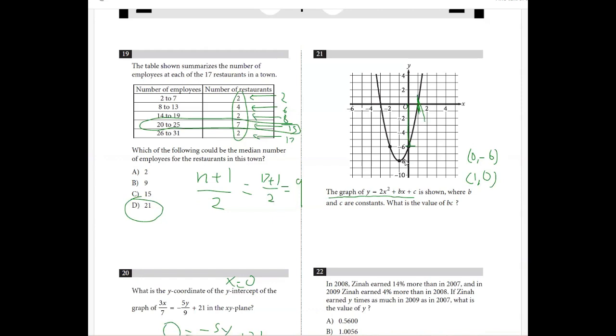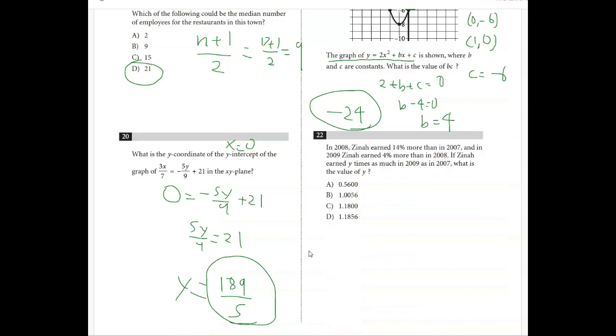As you can see, c is equal to -6, because if I put the zeros here, everything goes away. If I put the ones, it becomes 2 plus b plus c is equal to 0. And we know what c is, so it becomes b minus 4 is equal to 0. b is equal to 4. What's 4 times -6? It's -24. So -24 is the correct answer.